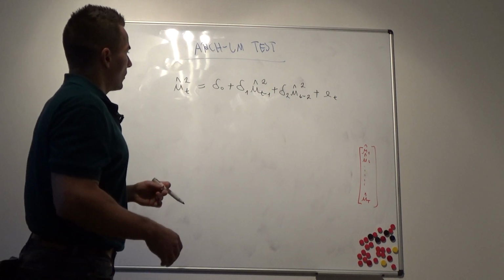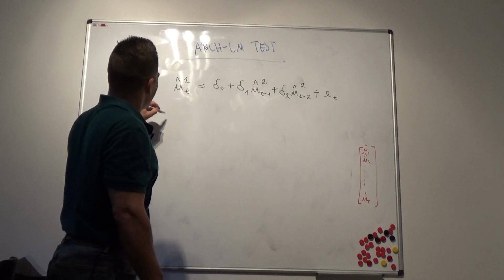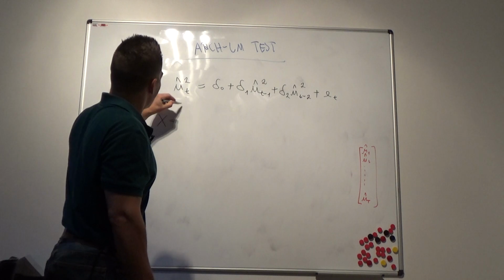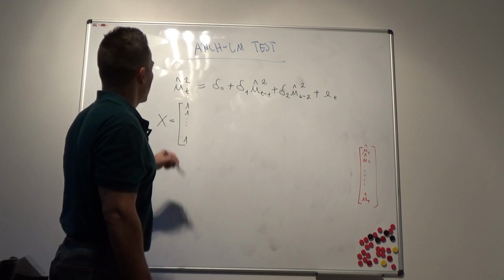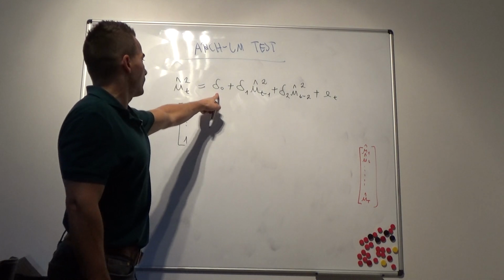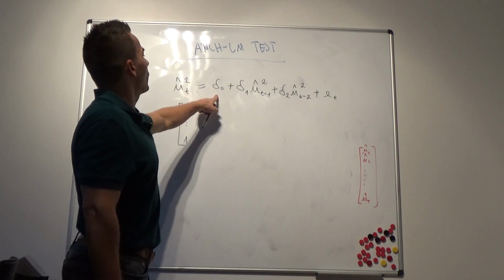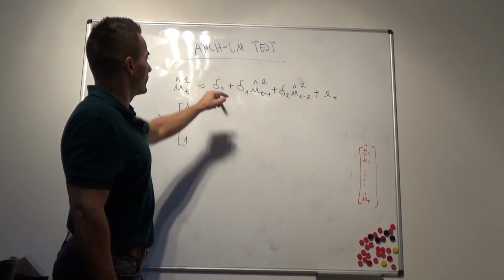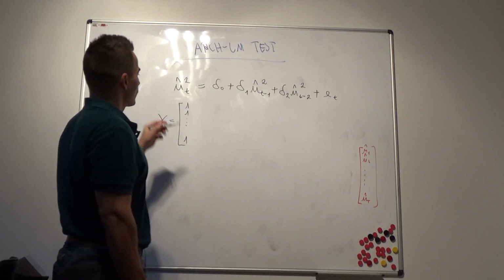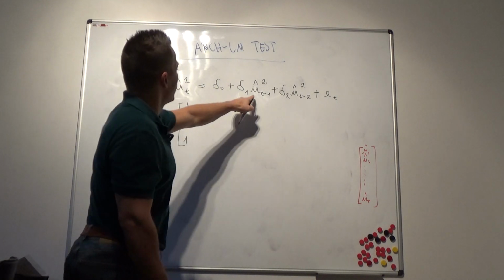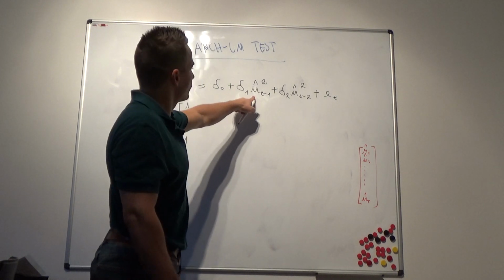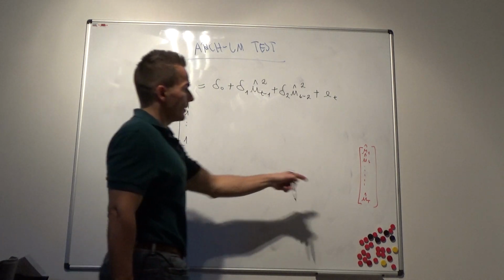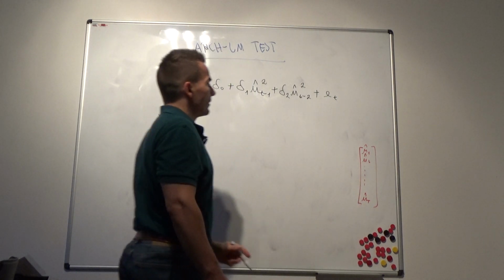So now our regressor matrix X looks like this. We have ones like always in the first column, which is associated with our estimate for delta 0. Our second regressor would be then the lagged squared u hat that we retrieved from here.